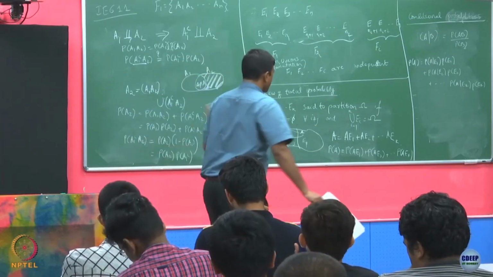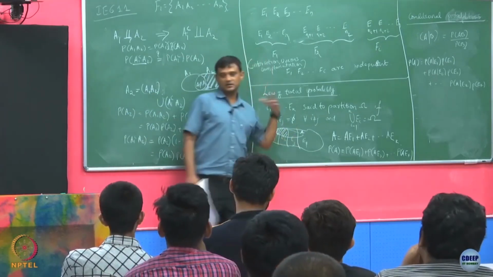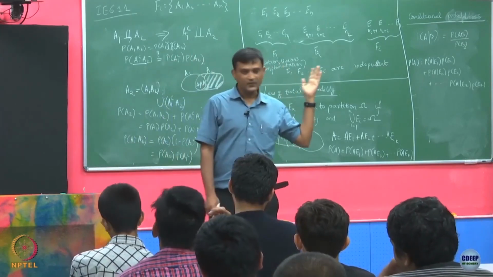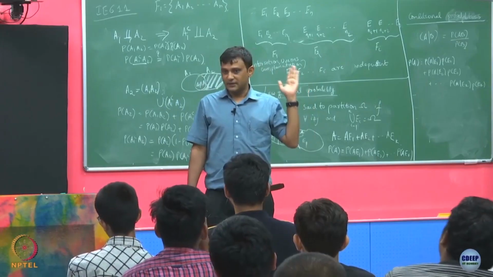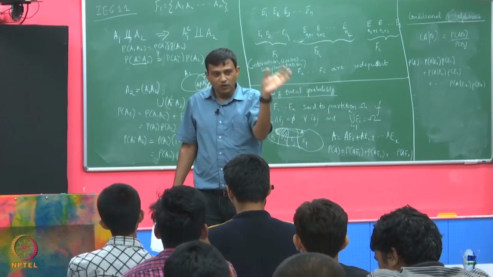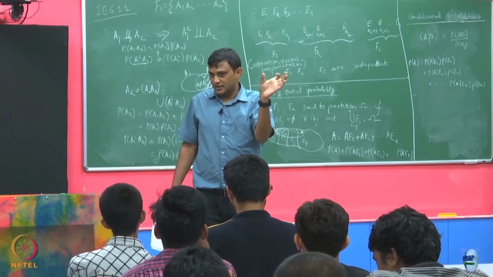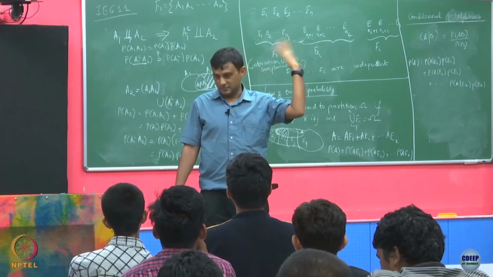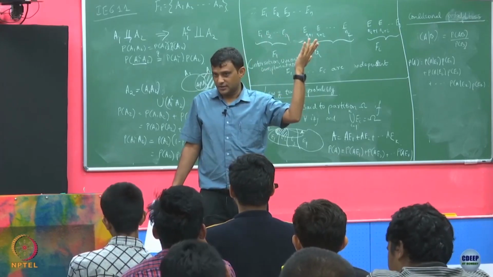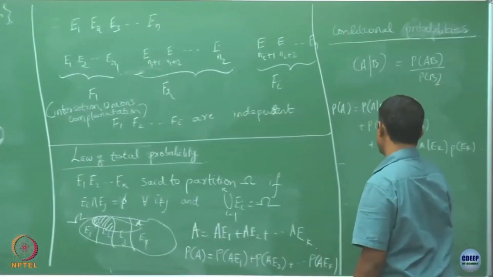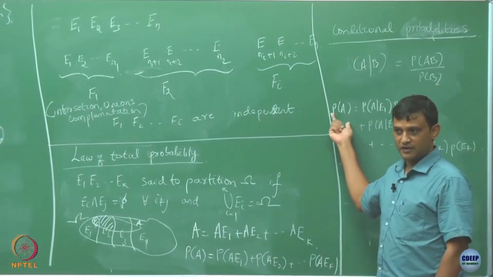These are partitions which I have defined at my convenience, and whenever this condition of this partition, that is the portion of A falling in each of these partitions, the probability of A given Ei, I know, let us say I can compute. Then using this formula, you can compute the probability of A.